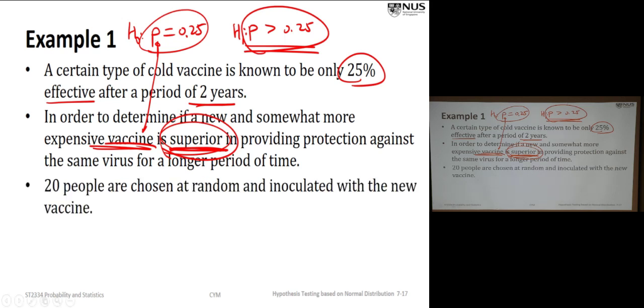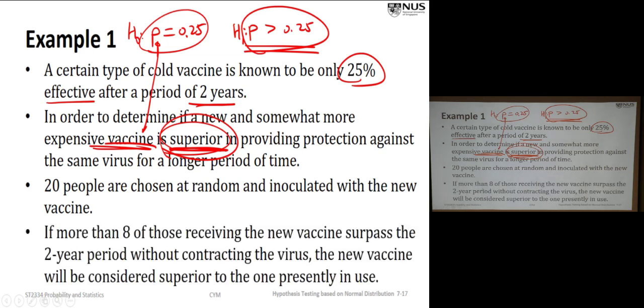So now, we have 20 people, chosen at random and inoculated with this new vaccine. This is our decision rule.